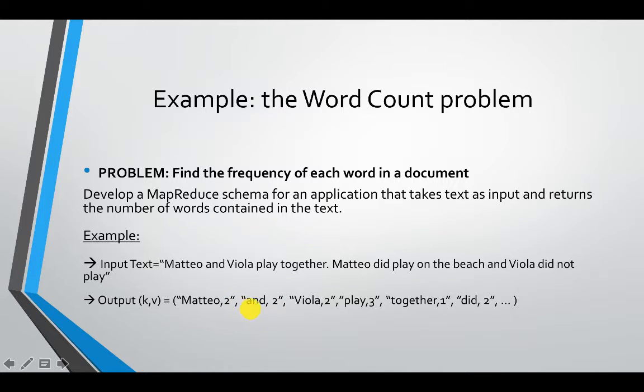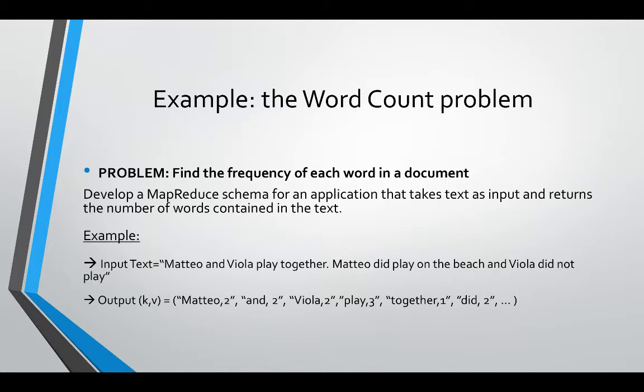Then we have another tuple, and 2. It means that the word "and" is used twice in this input text. The same for Viola 2, play 3, together 1, did 2, etc.